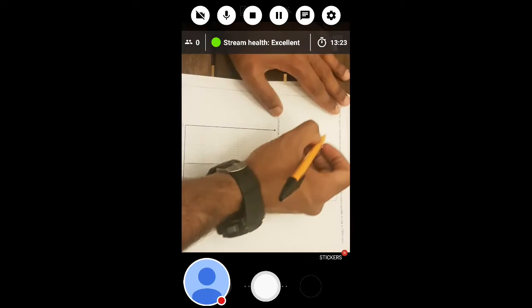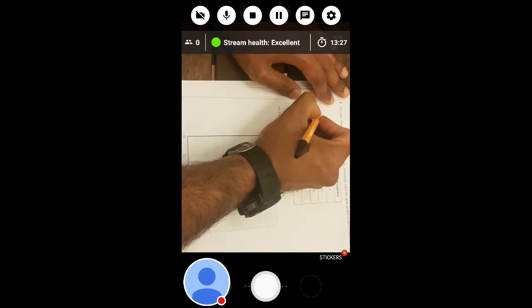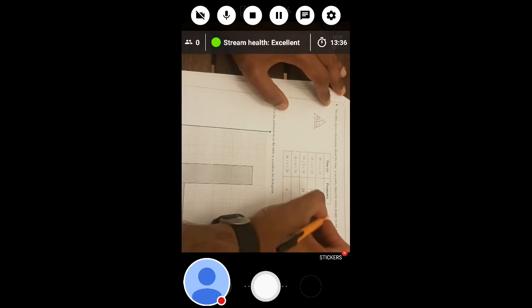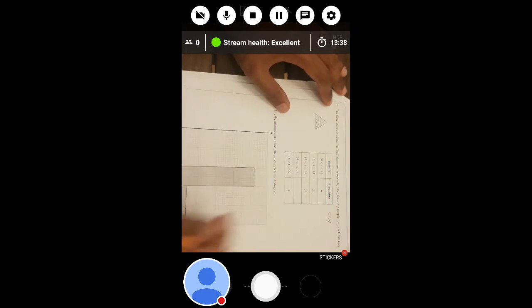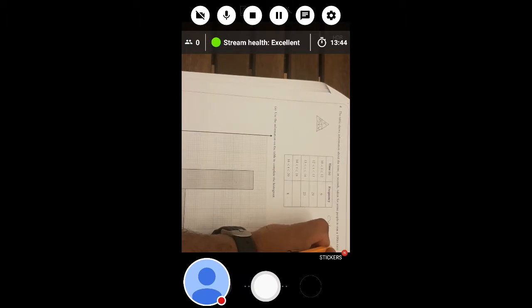So I'm going to start off with my triangle. F stands for frequency on the top, frequency density and class width at the bottom. Then I'll write class width and work the class width out for each one, and the frequency density.